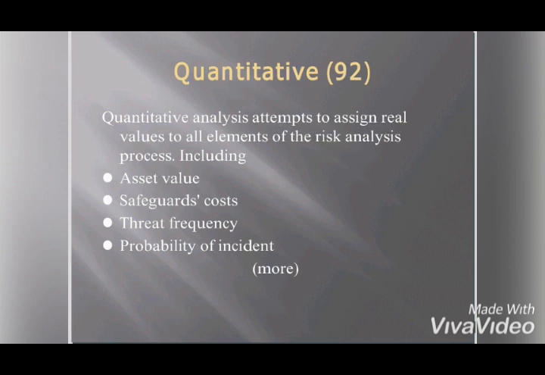Quantitative analysis attempts to assign real values to all elements of the risk analysis process, including asset value, safeguards, cost, threat frequency, probability of incident, and more. Just to name a few, these are what you could look at.